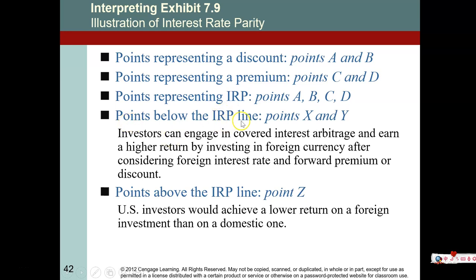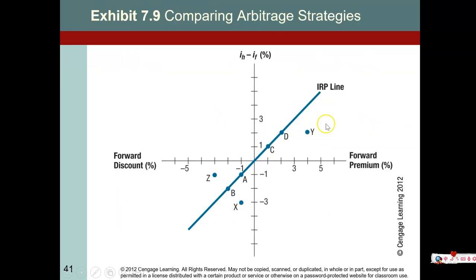Points below the IRP line, for example, points X and Y. For points X and Y, the forward premium P on the X-axis is larger than the interest rate difference, IH minus IF, for the points below the line.